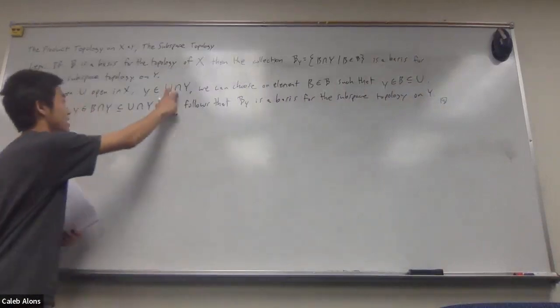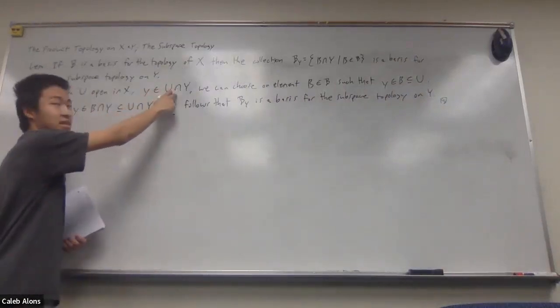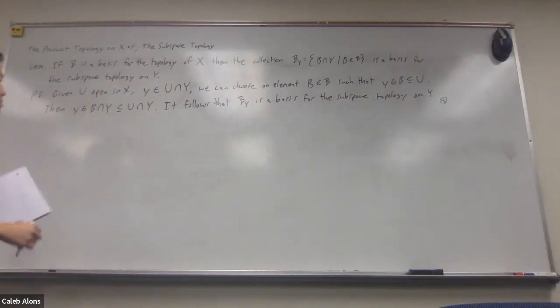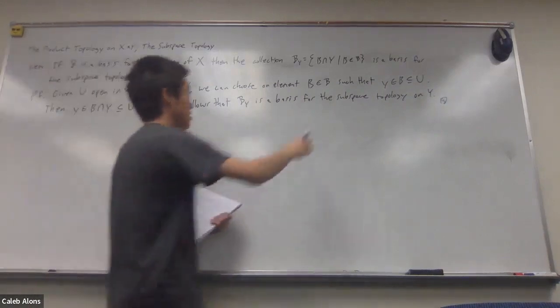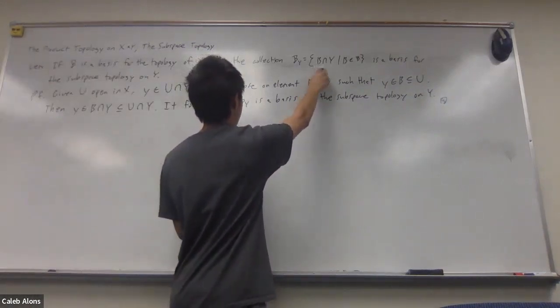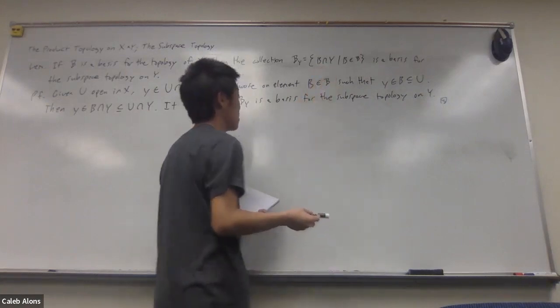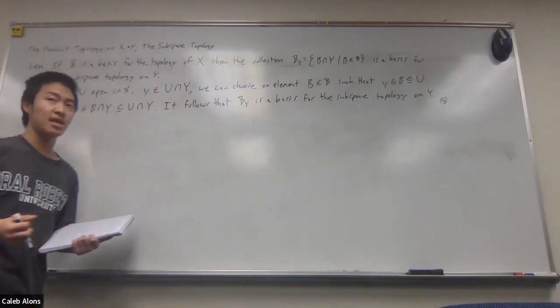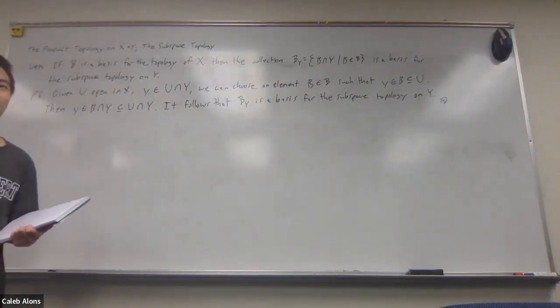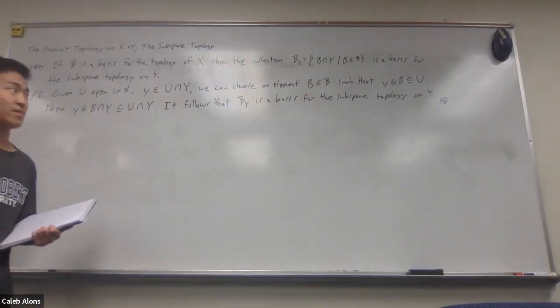So basically, if there does not exist an element that you can put in here, well, we defined the basis to take basis elements from the topology of X with Y. So it can't be empty because X would have to be empty, or Y would have to be empty.